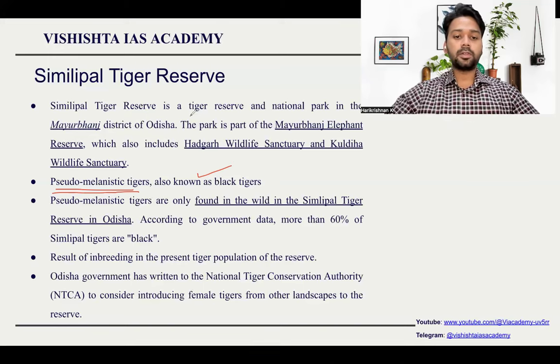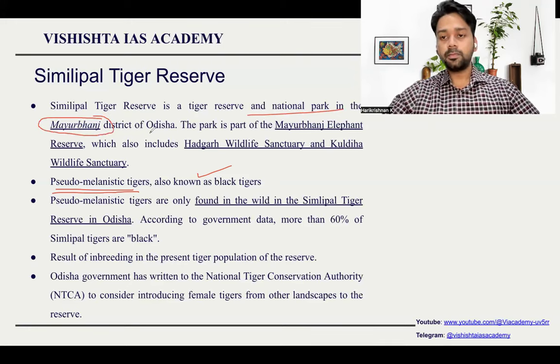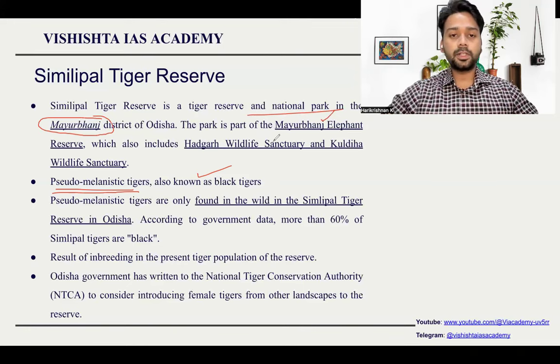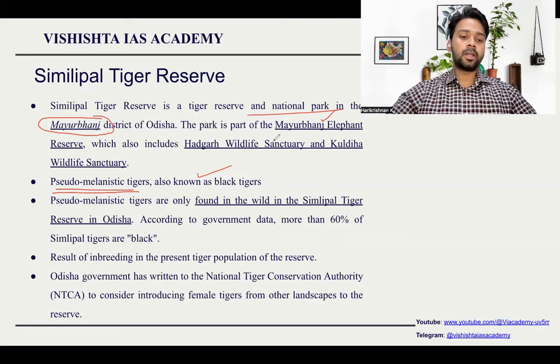About Simlipal Tiger Reserve, it is a tiger reserve and a national park in Mayurbhanj district of Odisha. Mayurbhanj district is important. The park is actually a part of Mayurbhanj Elephant Reserve. Mayurbhanj Elephant Reserve is the biggest landmass. In this, Simlipal Tiger Reserve is a small part.